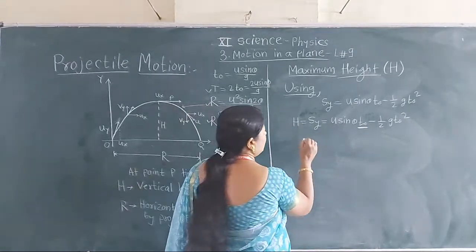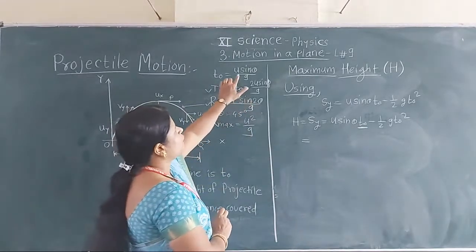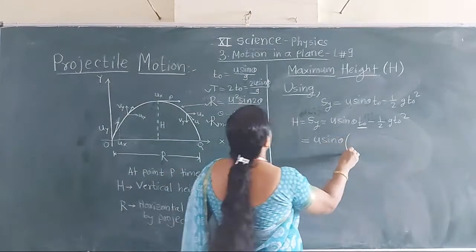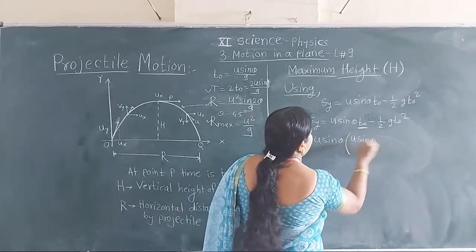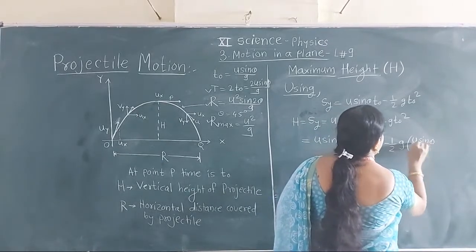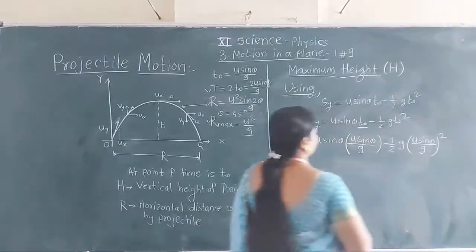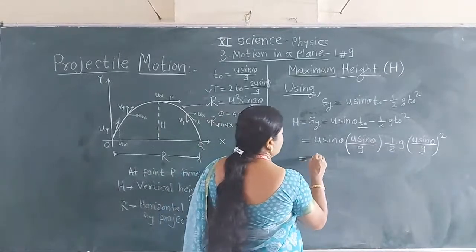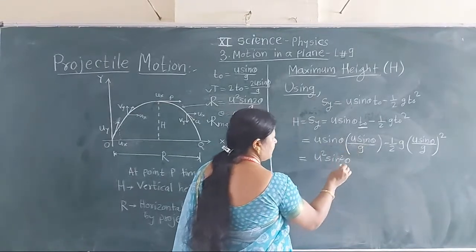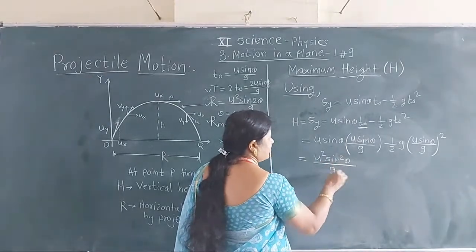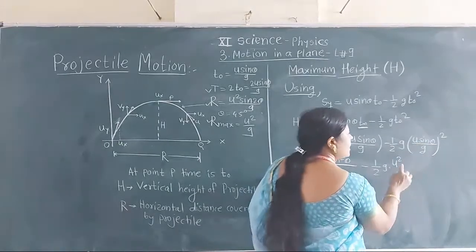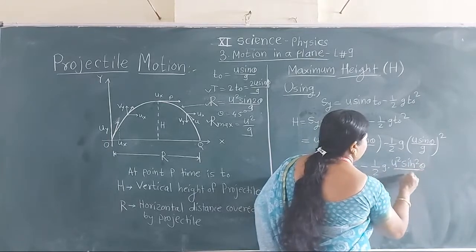We already found the value of t0. Substituting this value of t0, u sin theta divided by g, in this equation, we get u sin theta into u sin theta divided by g minus 1/2 g into u sin theta divided by g, whole square. Multiplying u sin theta in this bracket, we get u square sin square theta divided by g minus 1/2 g into u square sin square theta divided by g square.